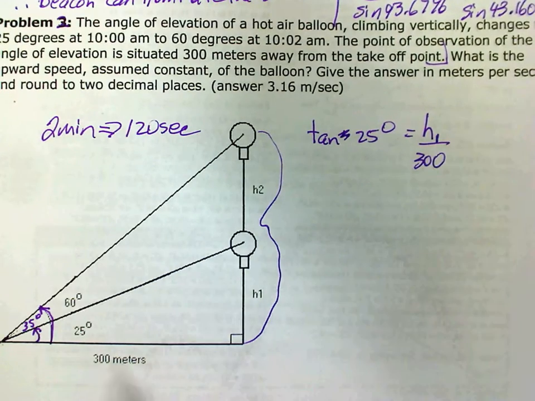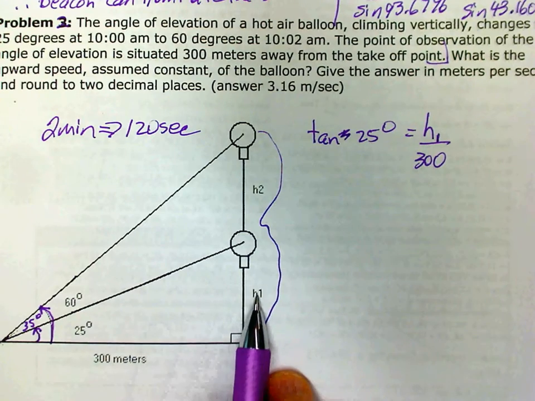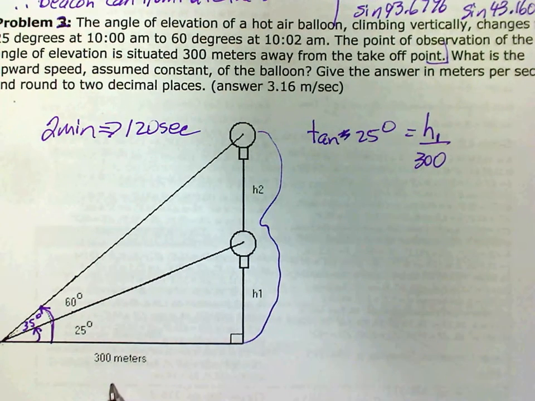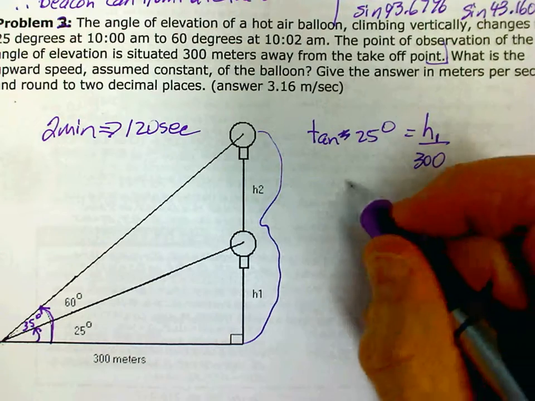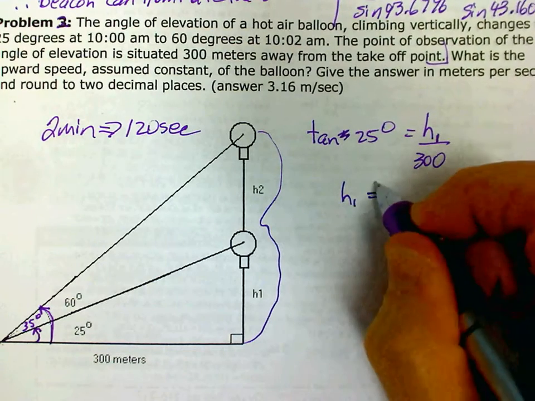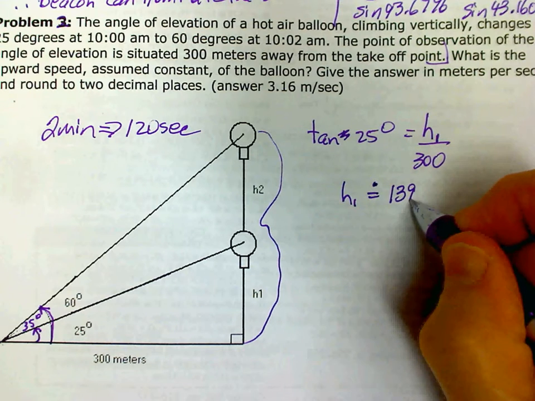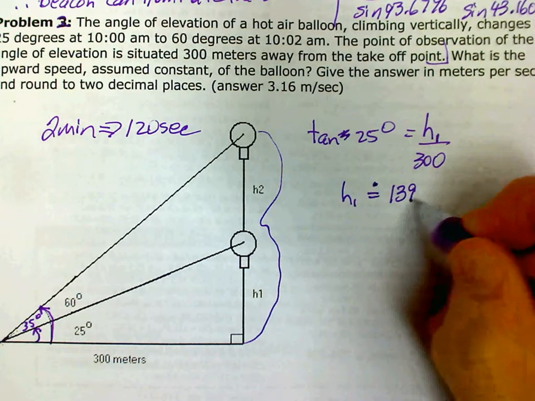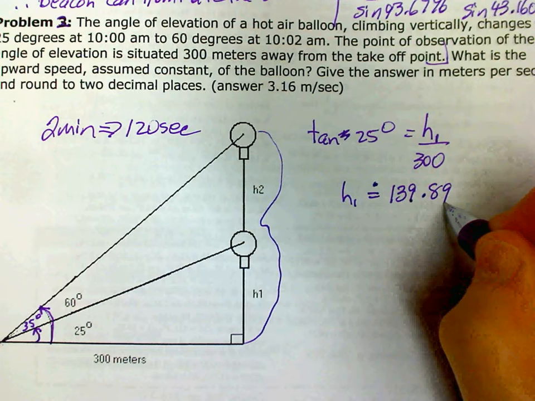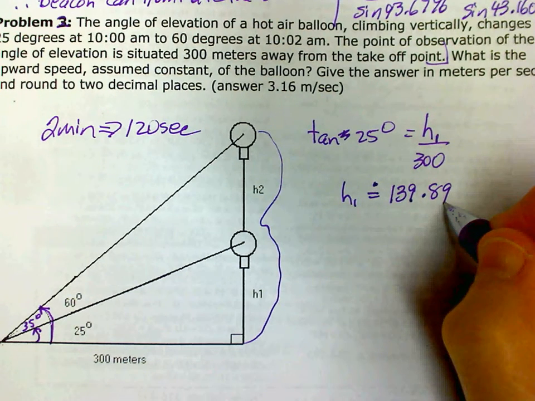Tan of 25 degrees is h1 over 300. So we can solve for h1 is approximately 139.8923.